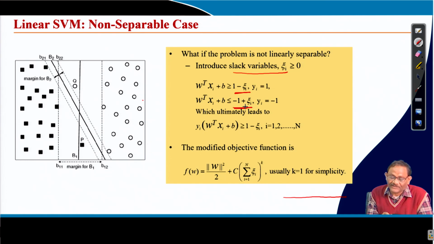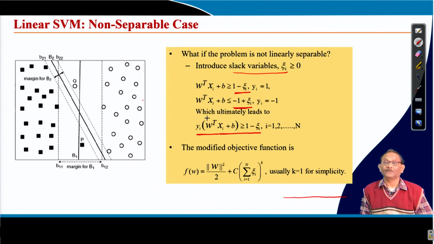Now if you consider this modification, then from the constraint point of view, it will take this kind of function. So what is the difference? Here the right hand side is 1 minus xi, where xi is basically the slack variable, and in this case the objective function is also changed.